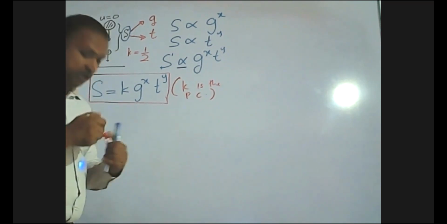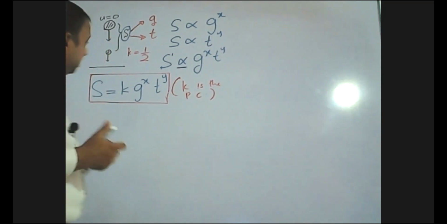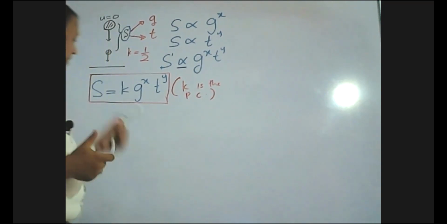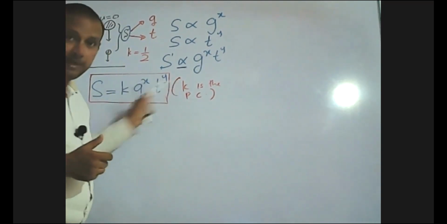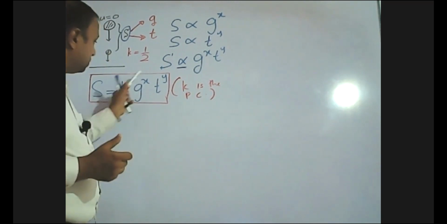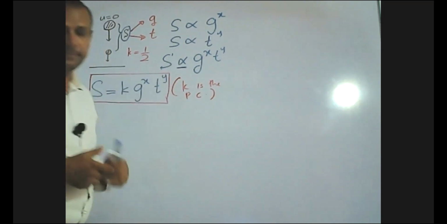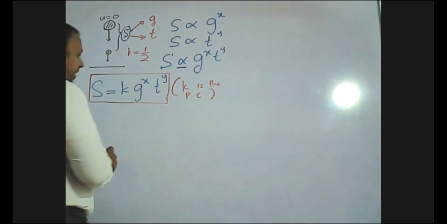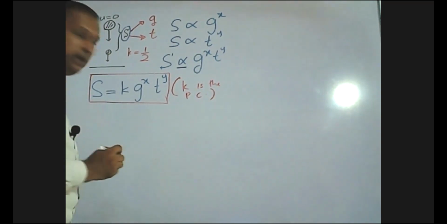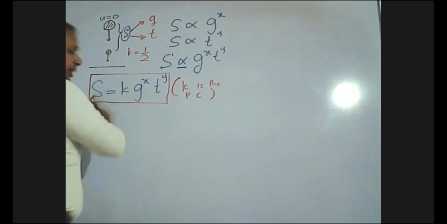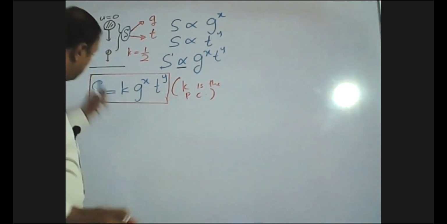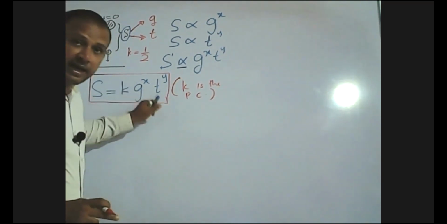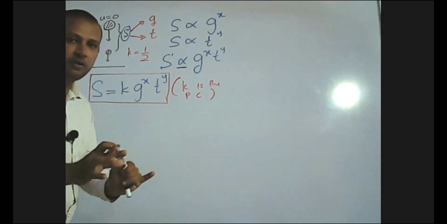In this equation, I have three unknown terms. What are those? K, x, and y. K is already given, so I want to find x and y here. To find x and y, I can use dimensional analysis. As this is an equation, LHS and RHS should have the same physical quantity.